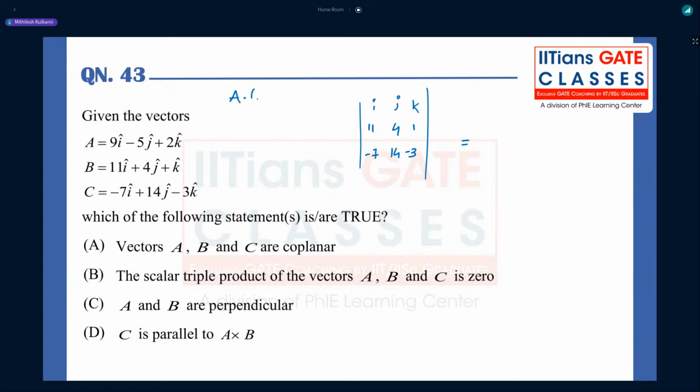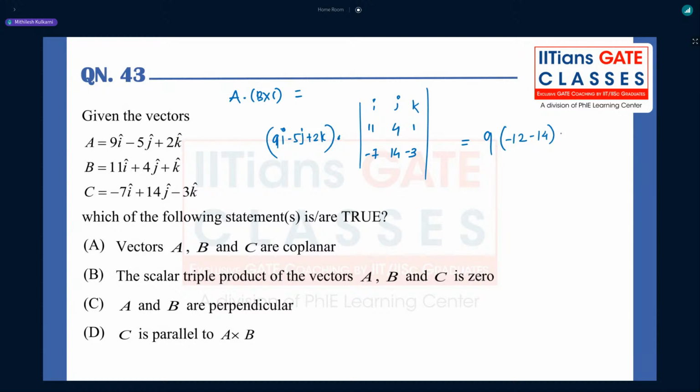A dot B cross C will be equal to A, which is 9i minus 5j plus 2k, dot product with the output vector of B cross C. So 9 into 4 multiplied by -3 is -12, and -14.